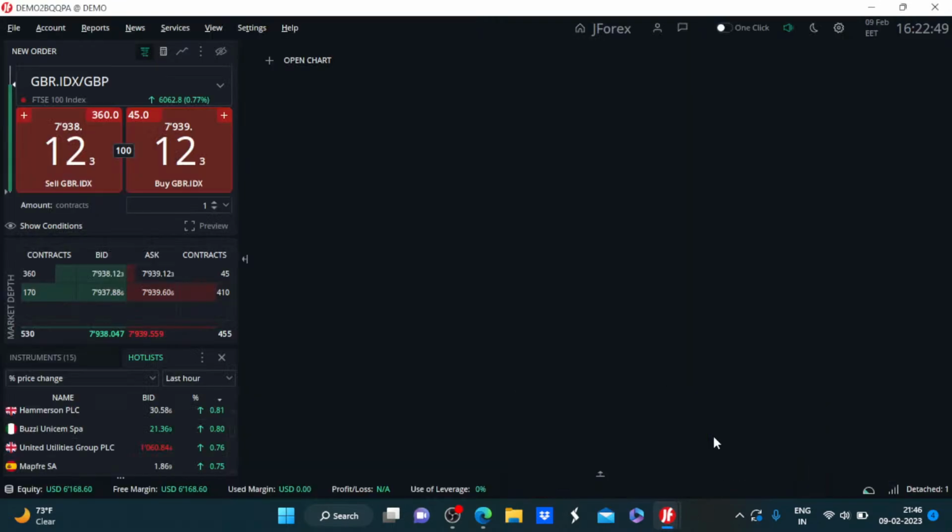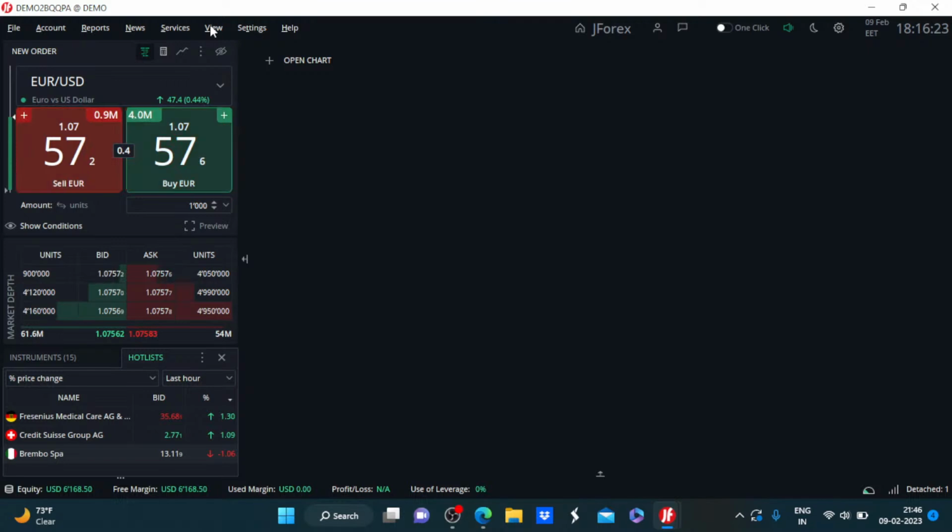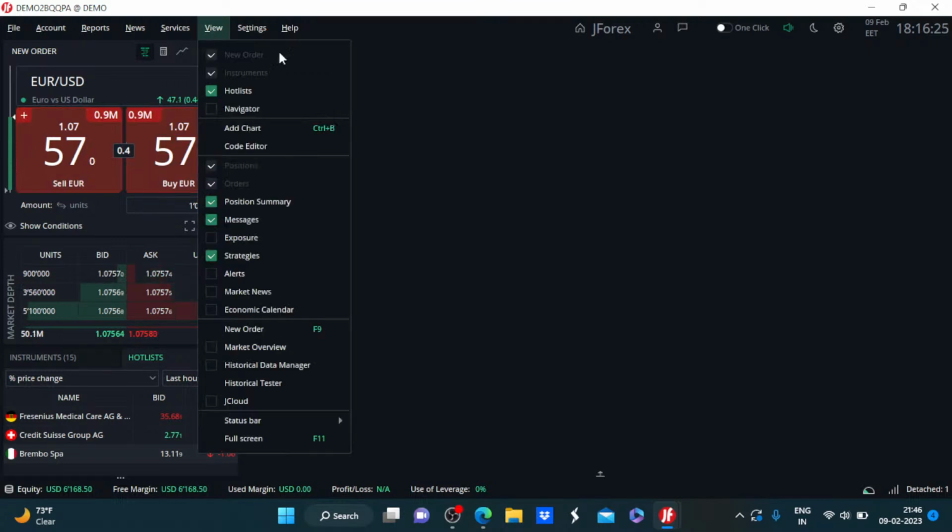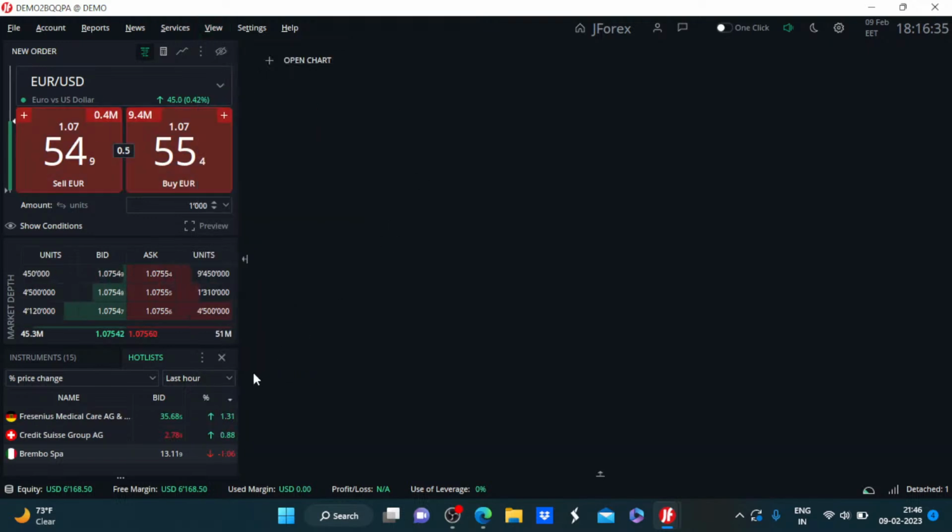And I would also like to make you aware of a new feature which has been added on the platform. This is the hotlist feature. You can enable it by going to this view and simply clicking on this option. And in this feature, we have these active stocks in the list.